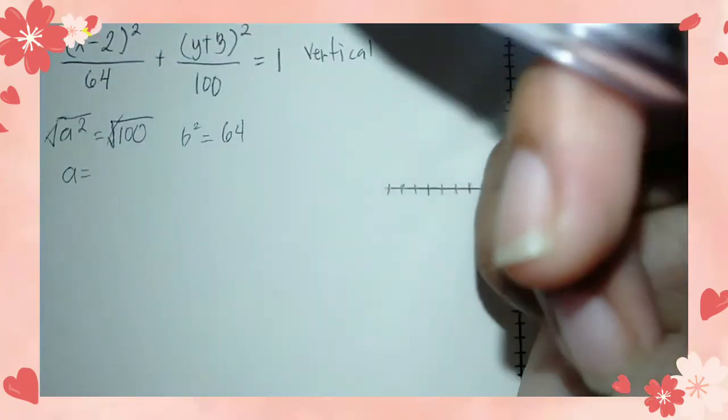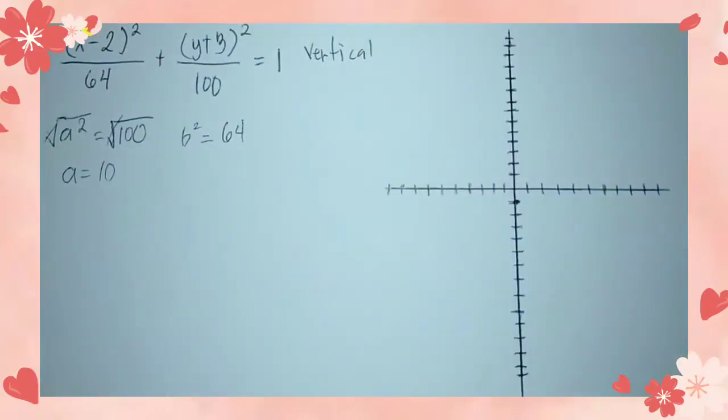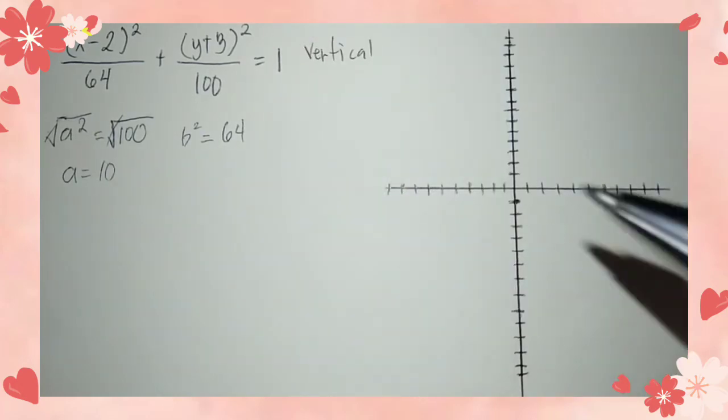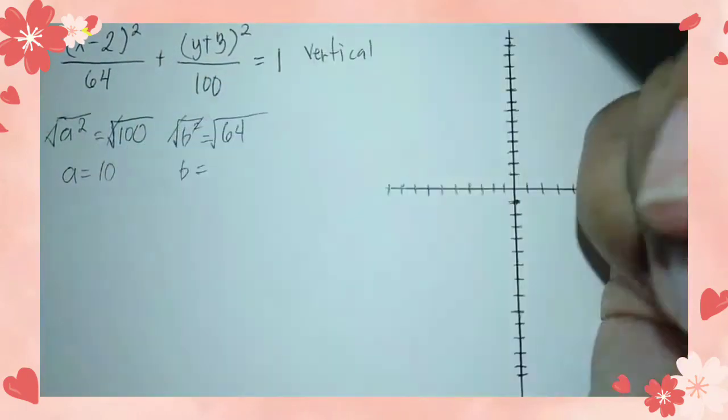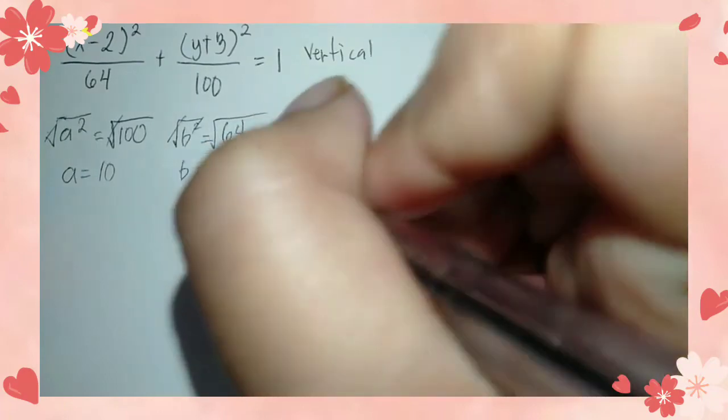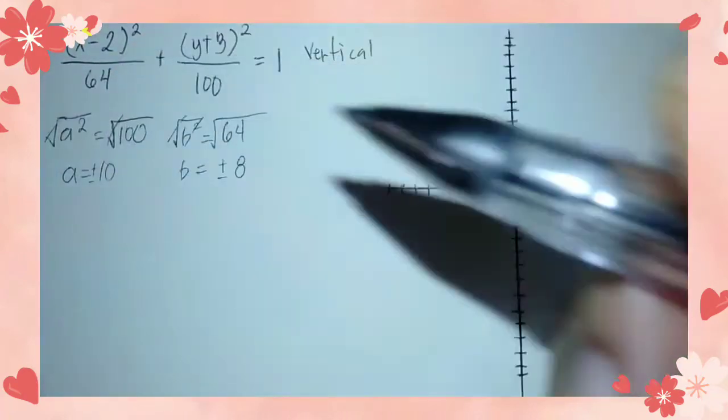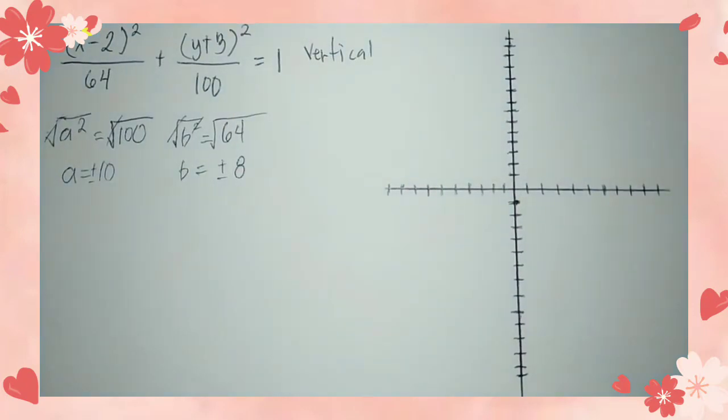Therefore, our a is equal to square root of 100 is equal to 10. So, si a is equal to 10. Siya yung magdedetermine ng ating vertices, alright? And then, of course, kailangan din nating extract si square root. Okay, then cancel. So, our b is square root of 64 is positive and negative 8. Same as square root of 100, positive and negative 10. Okay? So, we have our a as 10 and b as 8.